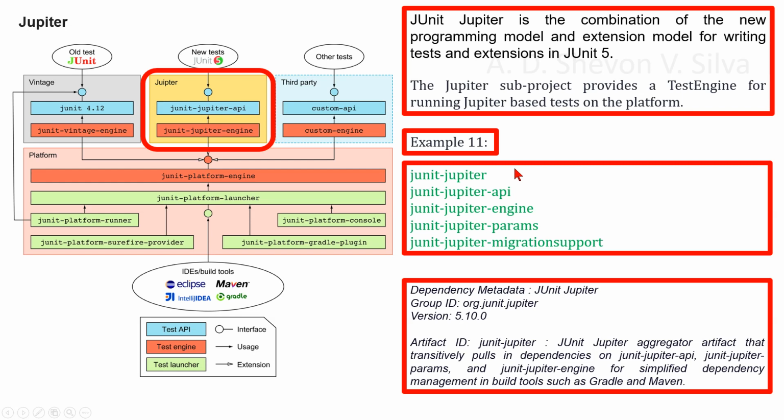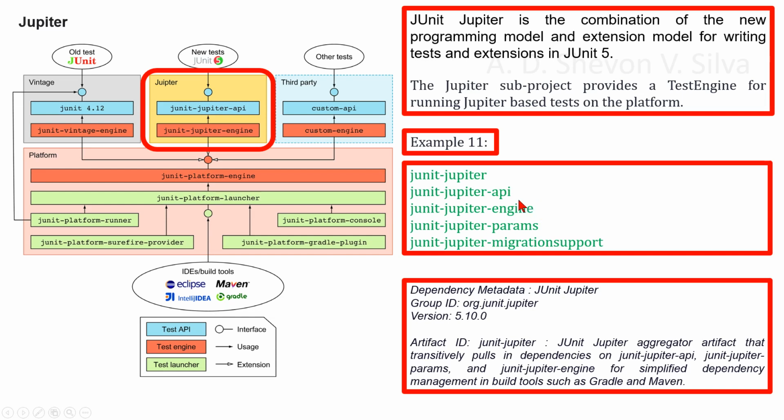In dependency metadata, the group ID is org.junit.jupiter and the artifact ID is junit-jupiter, an aggregate artifact that transitively pulls in dependencies on JUnit Jupiter API, JUnit Jupiter Params, and JUnit Jupiter Engine for simplified dependency management in build tools such as Gradle and Maven.